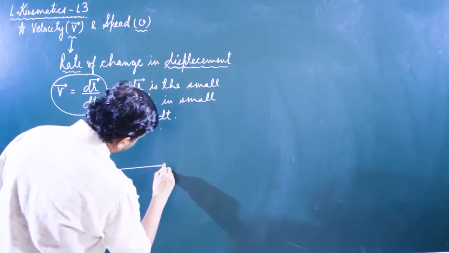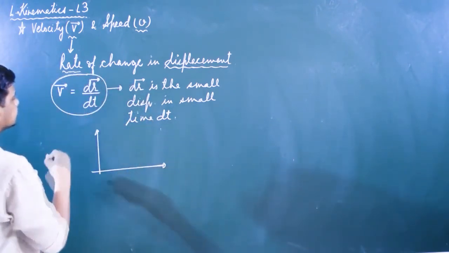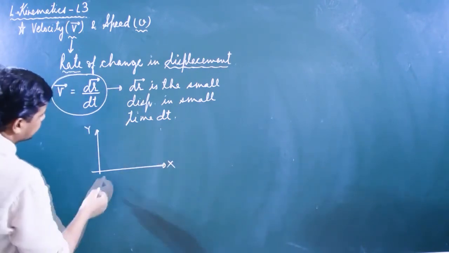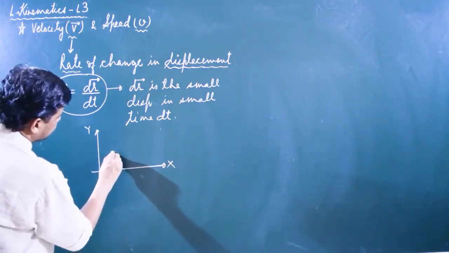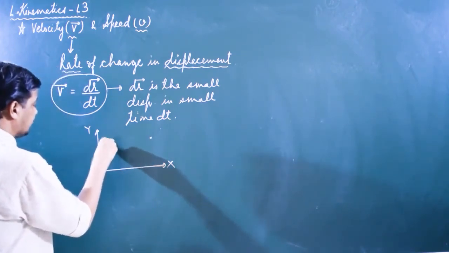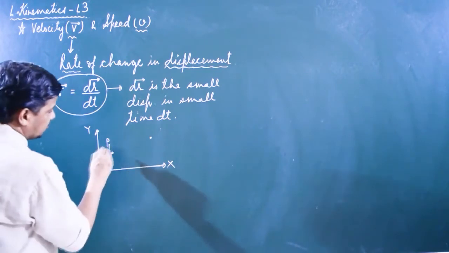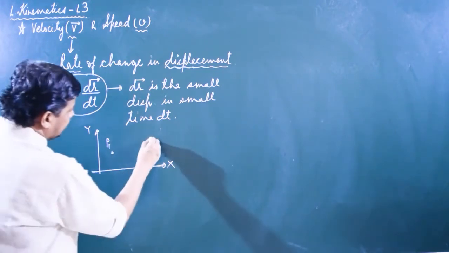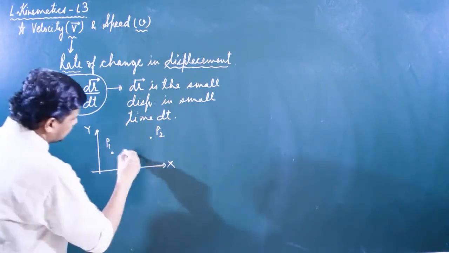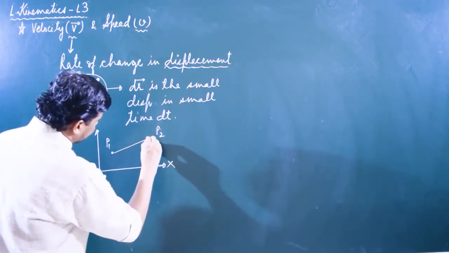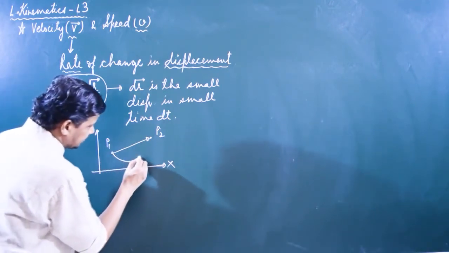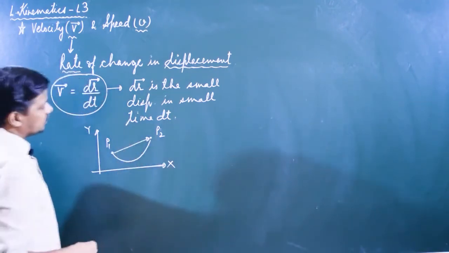We consider a two-dimensional coordinate system. Suppose this coordinate is x and this coordinate is y. It is the position of the particle, initial position at what time? t1, and p2 is the final position of the particle at what time? t2. So say it is the displacement of the particle, the least distance between two given points, and the particle is tracing a curved path from p1 to p2.